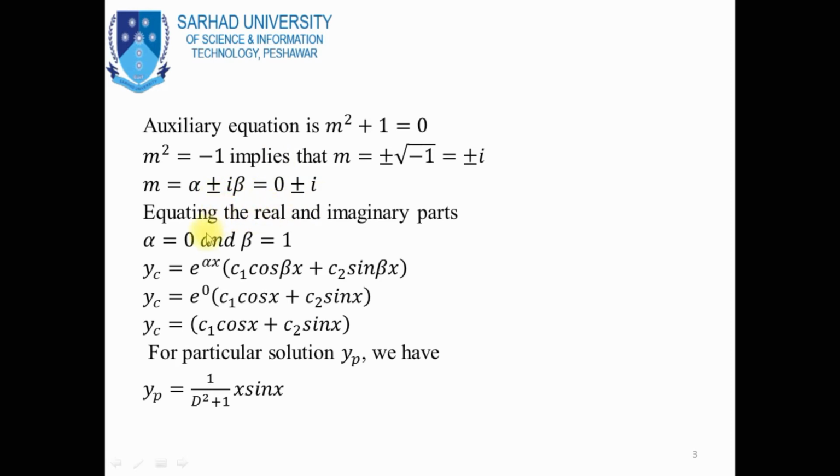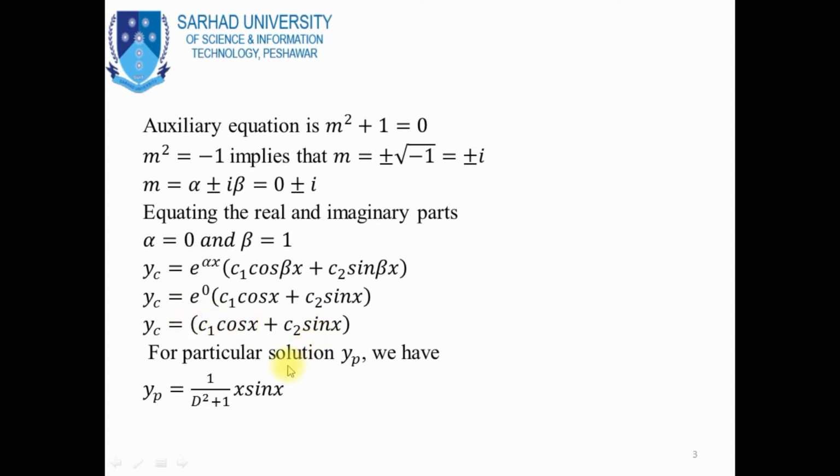So the complementary solution will be yc is equal to e power alpha x into (c1 cos beta x plus c2 sin beta x). Putting alpha is 0 and beta is 1, the complementary solution is c1 cos x plus c2 sin x.